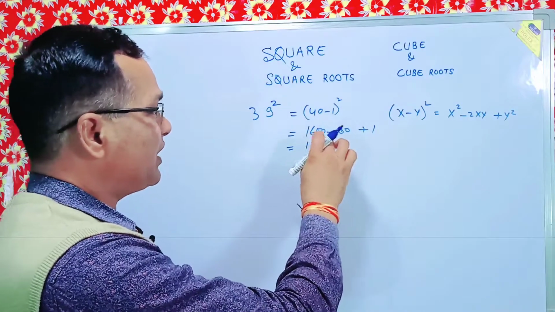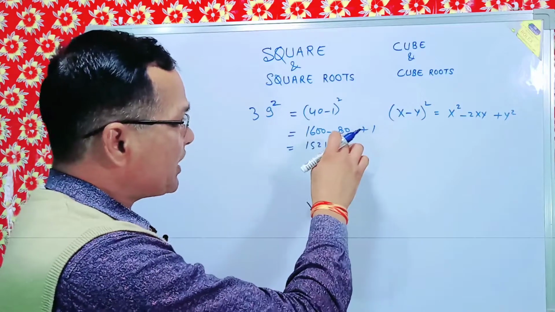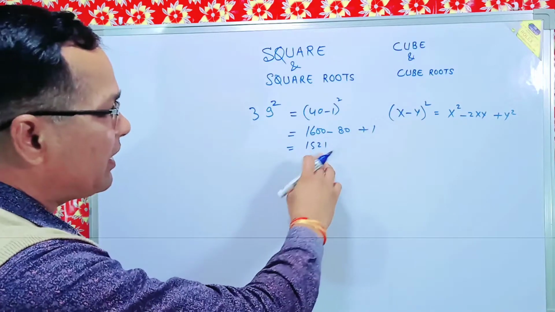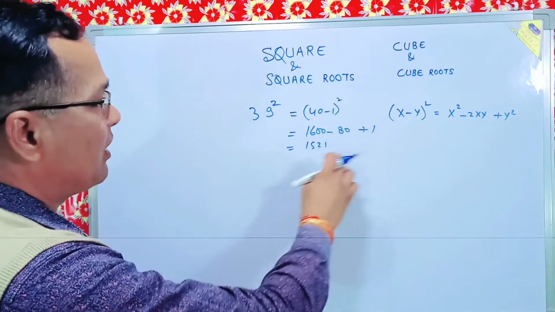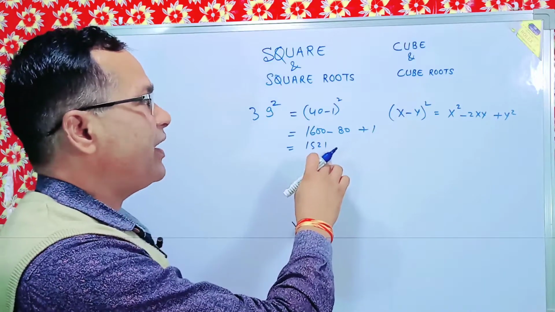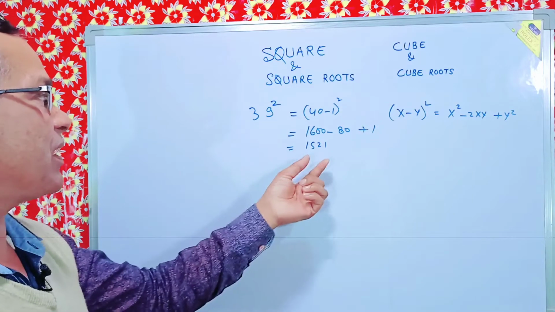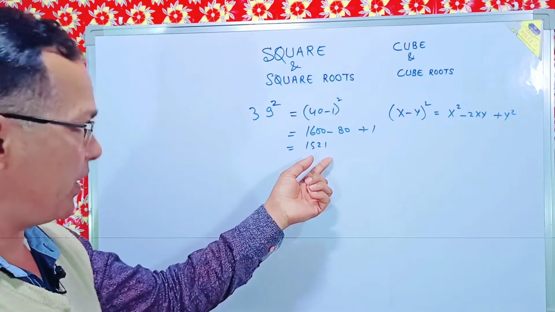If we reduce 80 from 1600, it is left 1520 and 1 plus is already there. So it is here 1521. Means square of 39 gives us 1521.